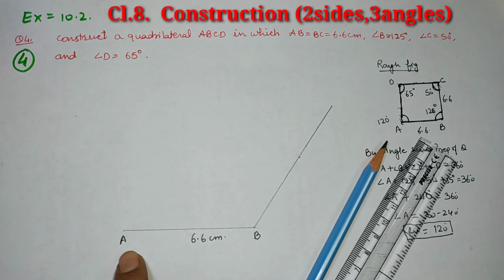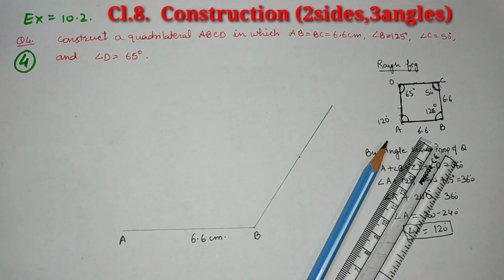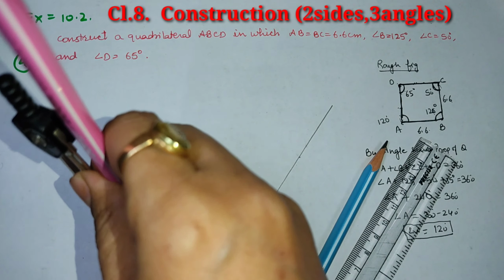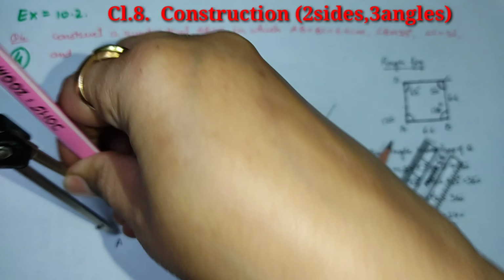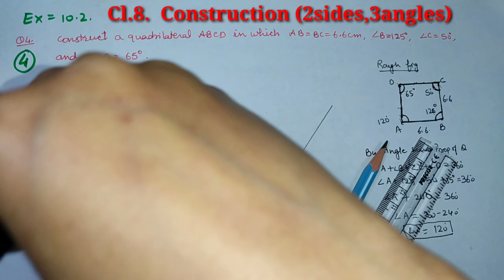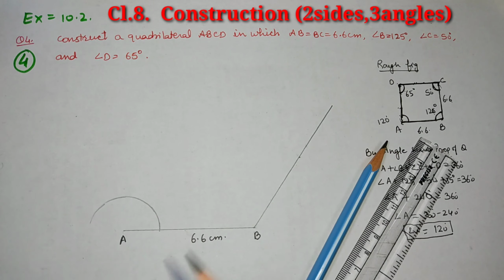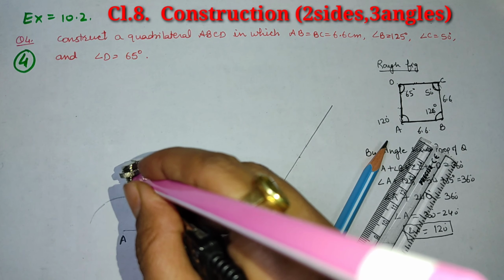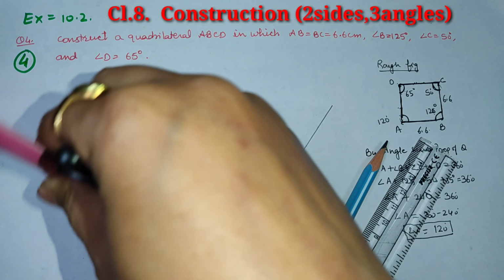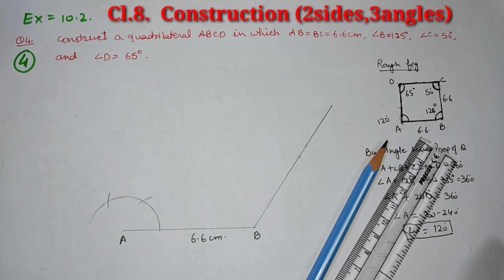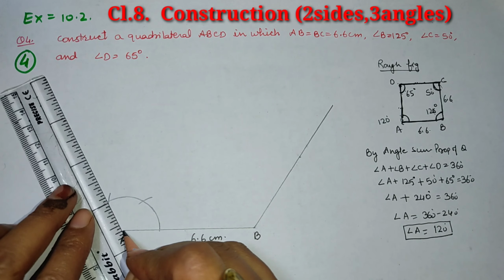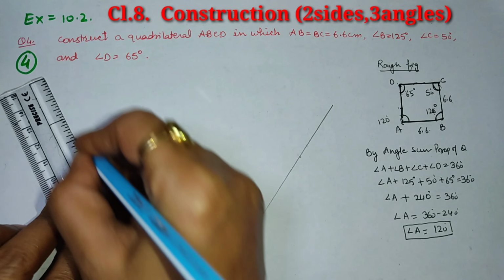Now at angle A you have to draw an angle of 120. One arc is of 60 degrees and another one is of 120 degrees. So draw it, match these two points and make an angle of 120.